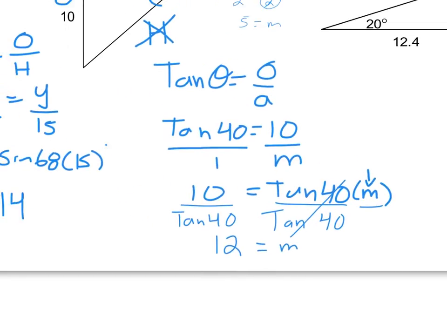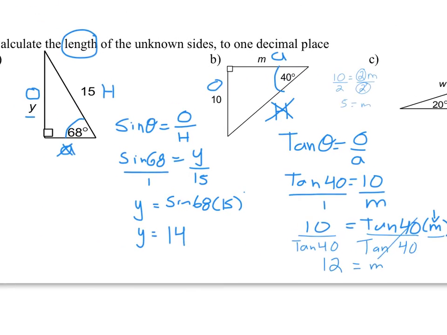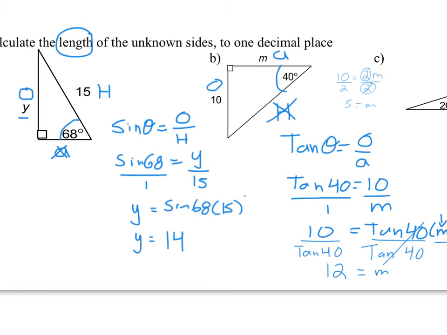Now these are the two different ways that you can use SOHCAHTOA for solving for your side length. And what I mean by that is either the variable is going to be on the top or the variable is going to be on the bottom. Okay? So now it's just a matter of you practicing choosing the right equation from SOHCAHTOA.